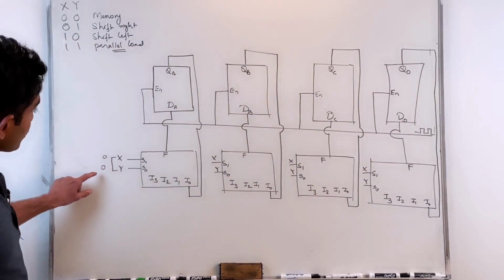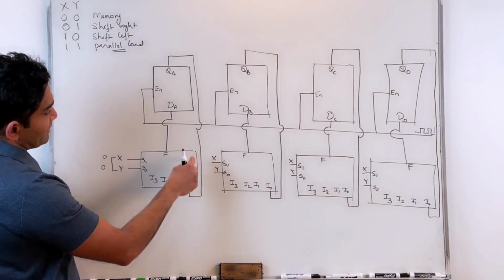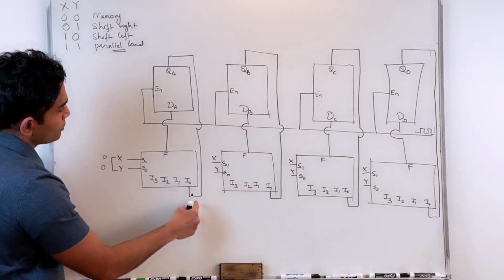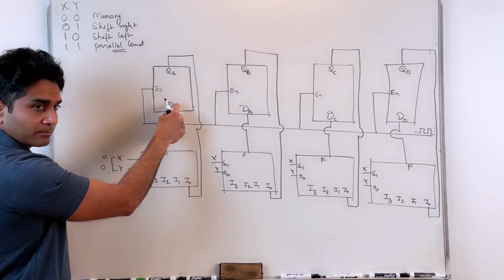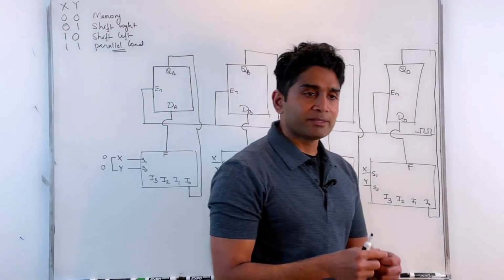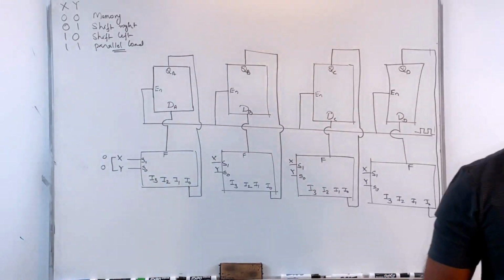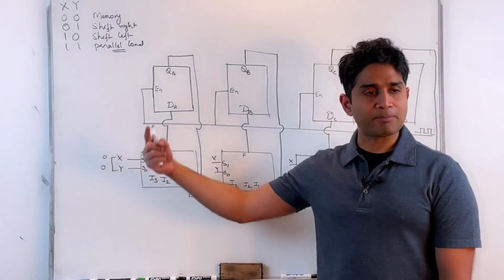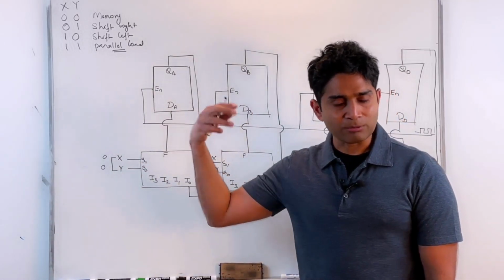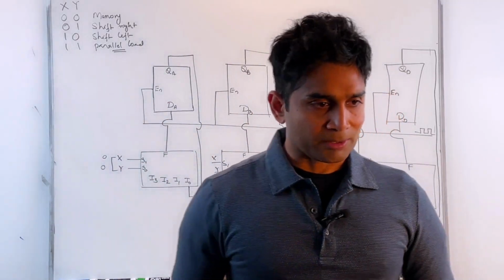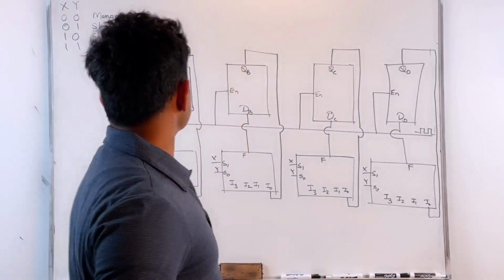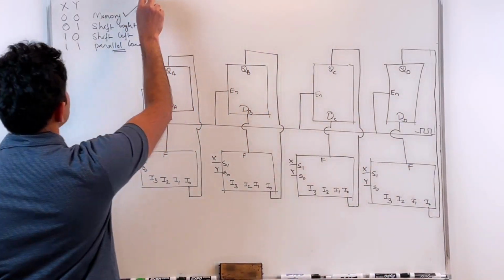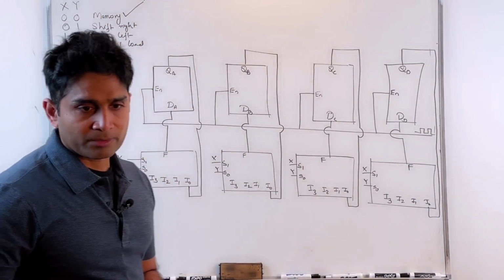Now when I apply 0, 0, all I'm doing is feeding my Q back to DA. So with every clock pulse, I'm not changing the value of QA because the same value is being fed back over and over again. That satisfies the memory condition, right?